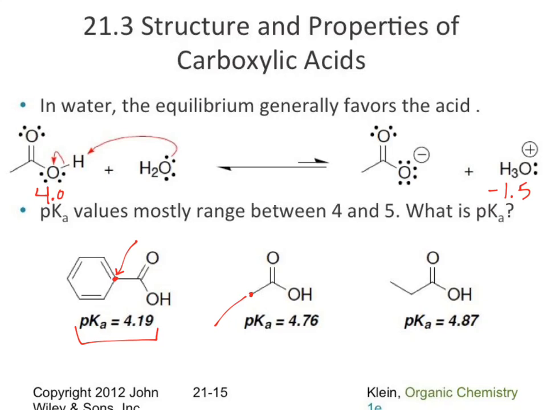What's the difference? sp3 versus sp2. The sp2 is more electronegative than your sp3. That is inductively drawing electron density away. You might be suspicious that we do get a resonance effect. For there to be a resonance effect, we would have to pull electrons from our oxygen all the way into the ring.